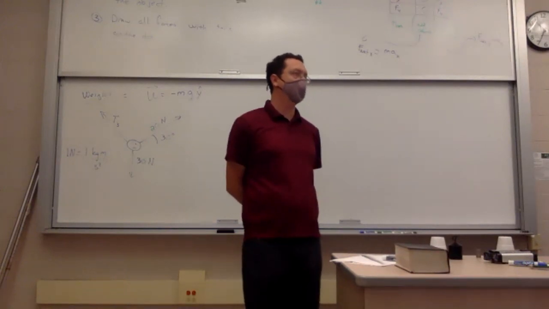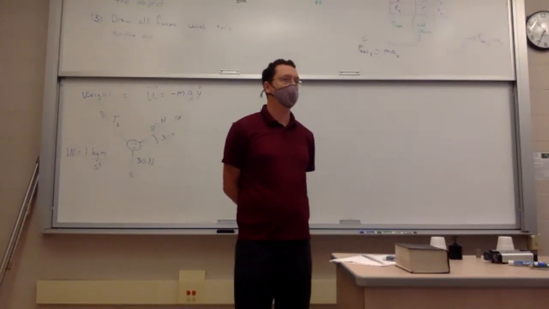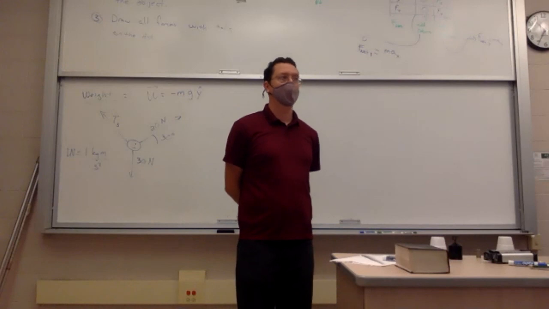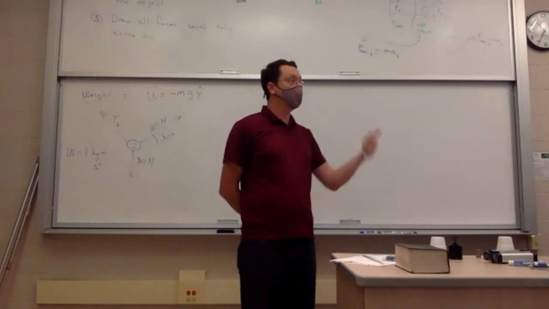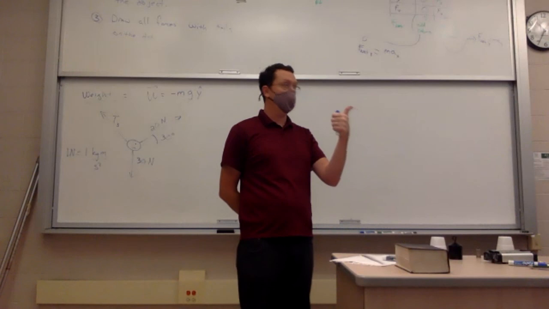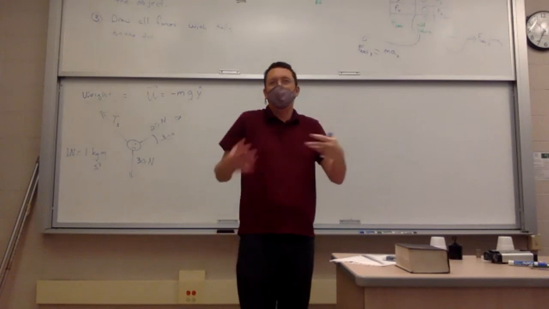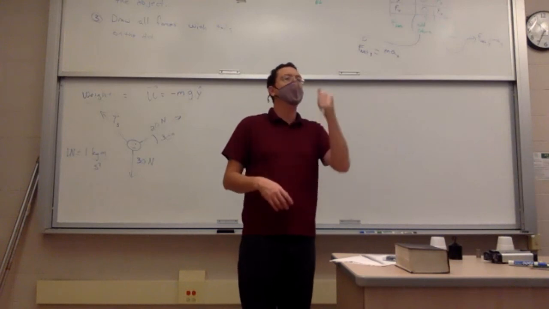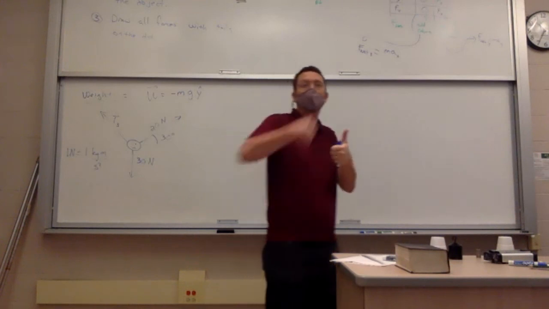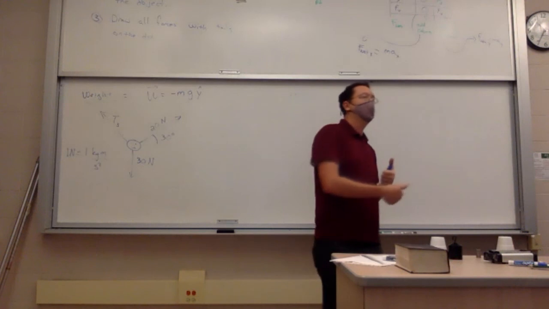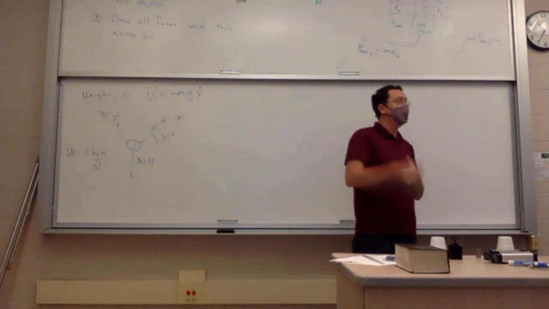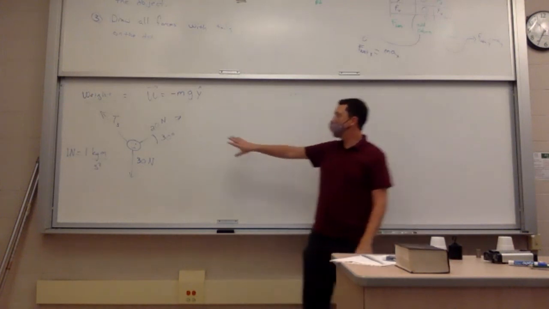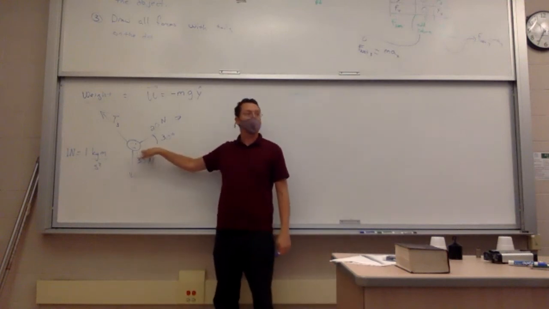What could I say is 0 if it's at rest? Certainly the velocity is 0. If it's 0 and not changing, it stays 0. The velocity is 0, and what else is 0? Acceleration. So for this person, both the velocity and the acceleration are going to be 0.